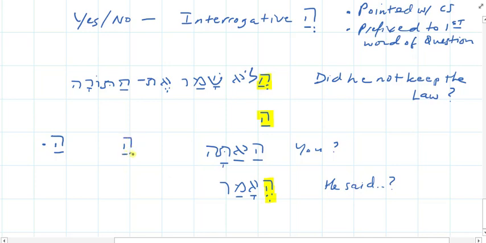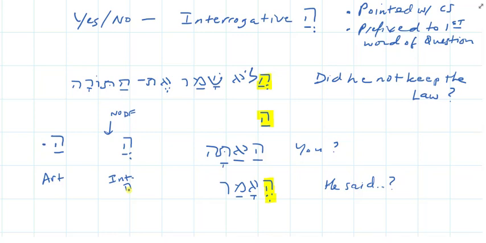Interrogative hey. So we're just talking with ideal conditions. Compound shva, no dagesh forte. Okay, so you see the difference there? Article, under ideal conditions, has a dagesh forte and a full patach. Interrogative hey, compound shva, no dagesh forte. So that's going to be the saving grace most of the time.